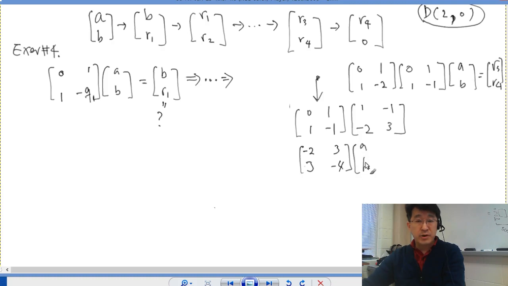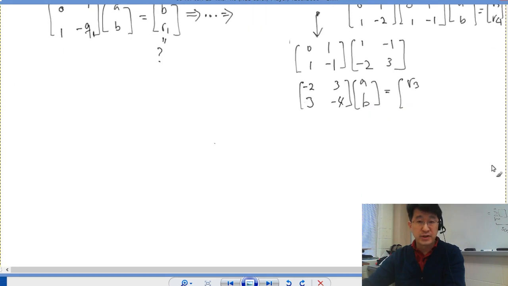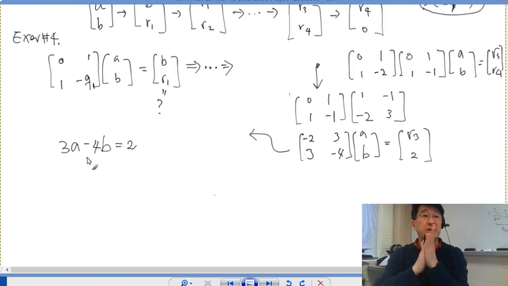If you do AB, what do you get? R3, and especially what is R4? R4 is 2, right? Replace it there. It reveals the following. 3 times A minus 4 times B is 2, which is the greatest common divisor of A and B, correct?